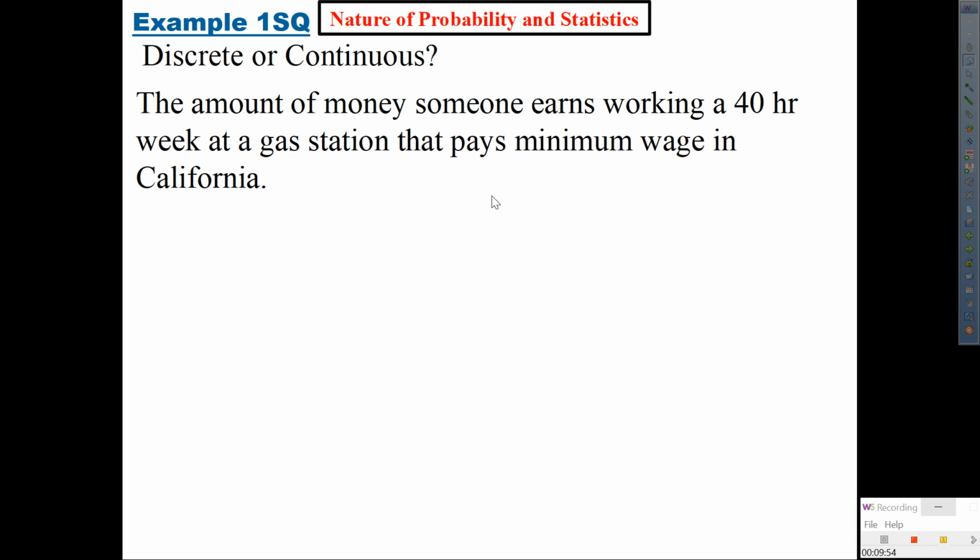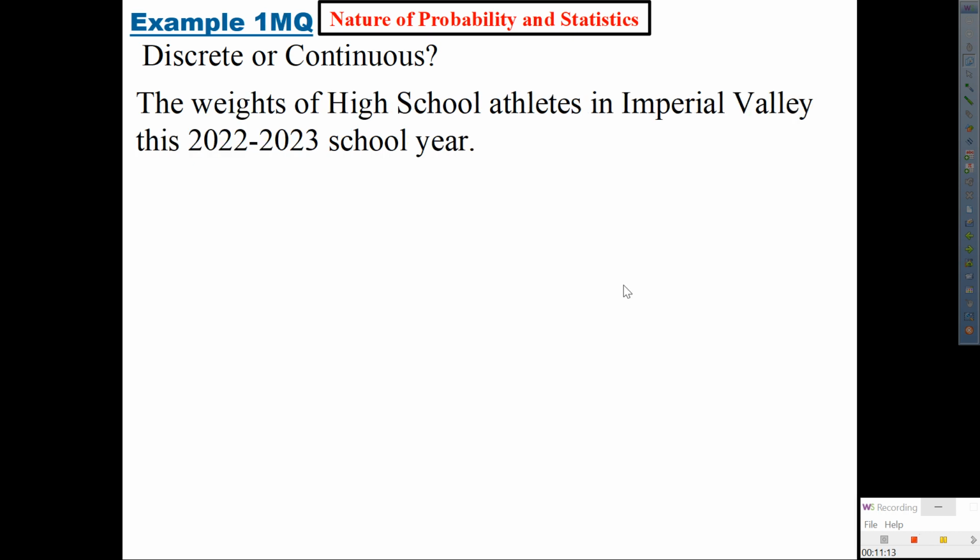Look at this one. Example 1 mega Q, it says, the weights of high school athletes in Imperial Valley this 2022-2023 school year. Talk to your neighbor and let them know what kind of variables these are.